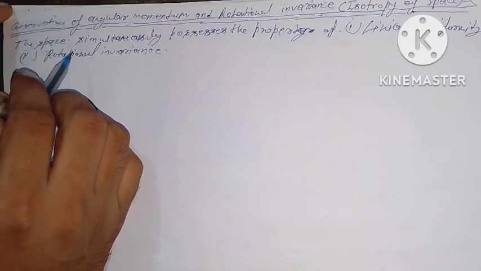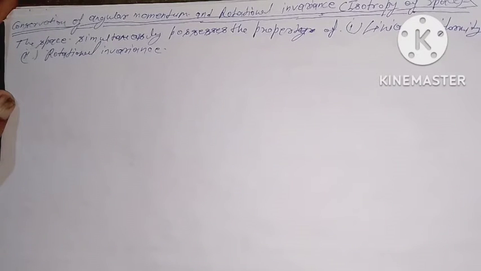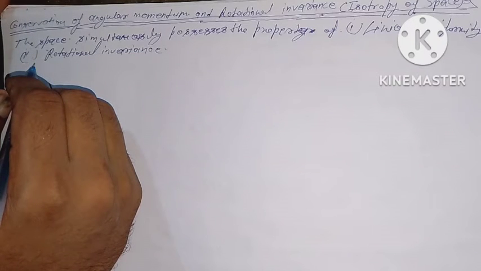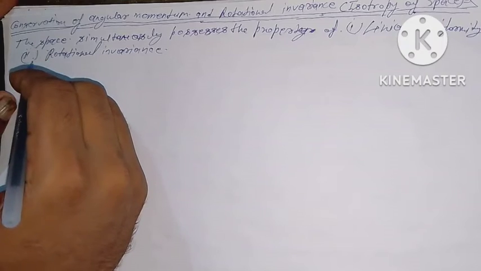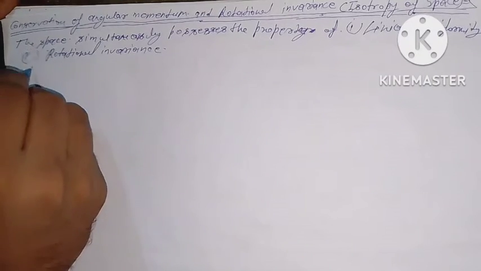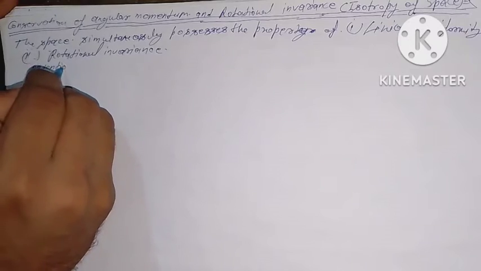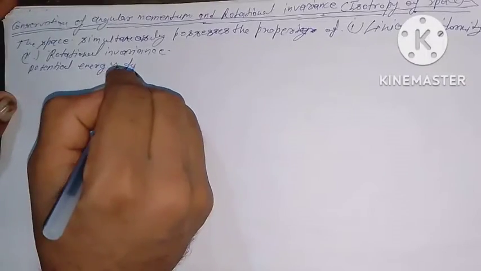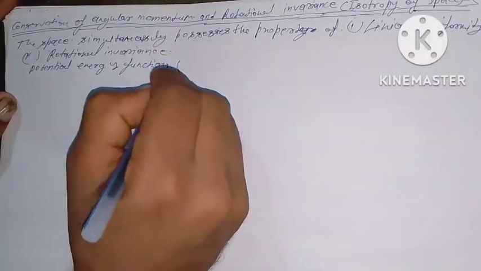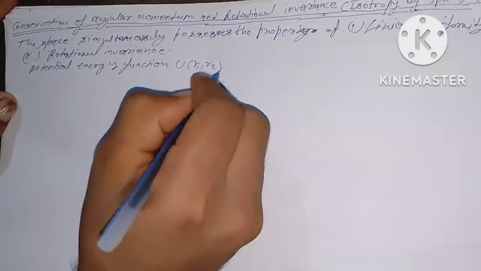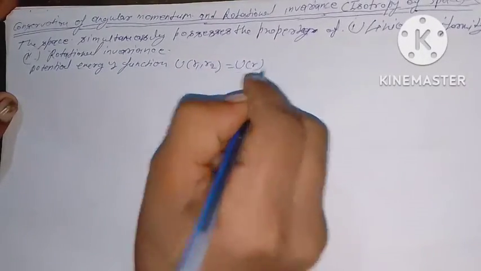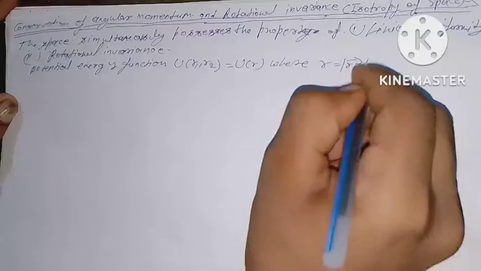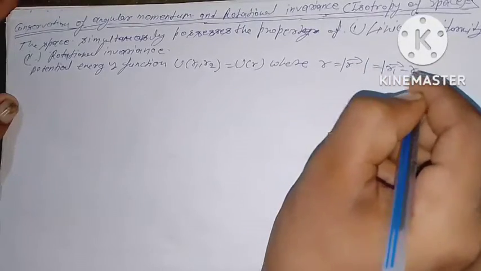Therefore, the form of the potential energy function U(r1, r2) equals U(r), where r equals the modulus of vector r, which is r1 minus r2.